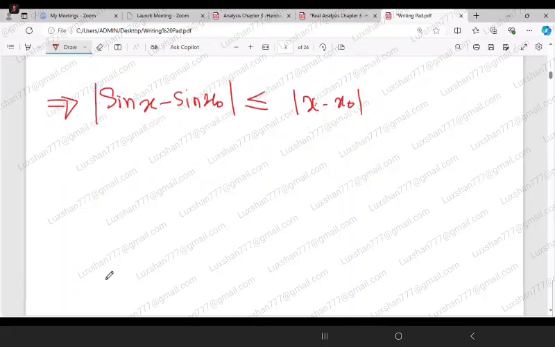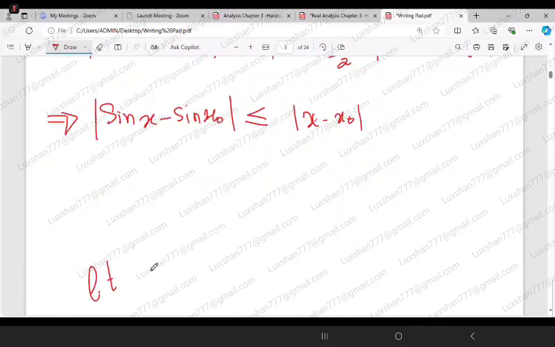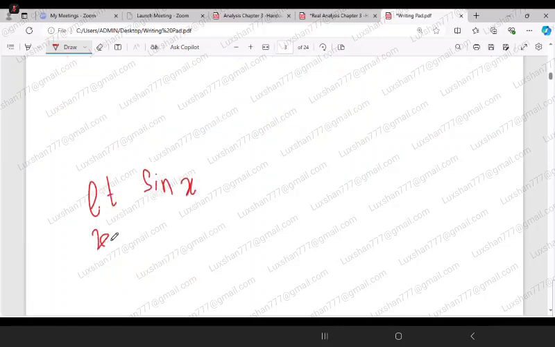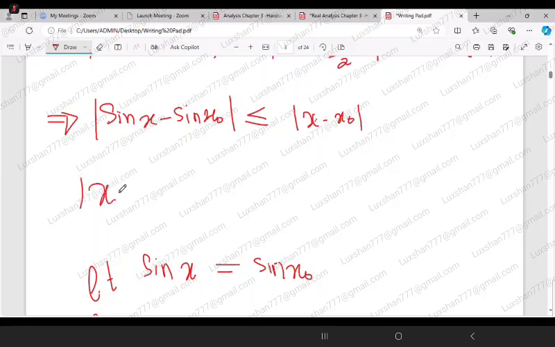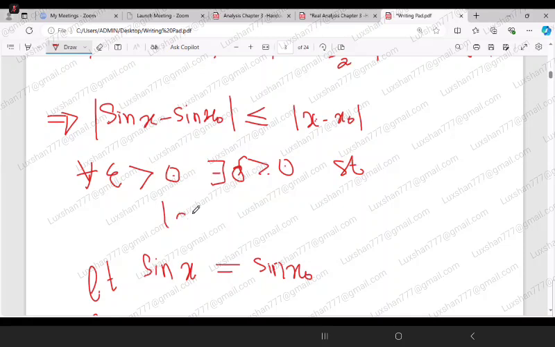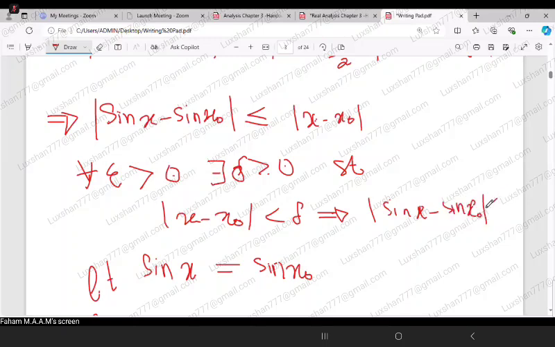In order to write limit of sin x as x tends to x naught equals sin x naught, what we want is: for all epsilon greater than 0, there exists delta greater than 0 such that mod of x minus x naught less than delta should imply mod of sin x minus sin x naught less than epsilon.